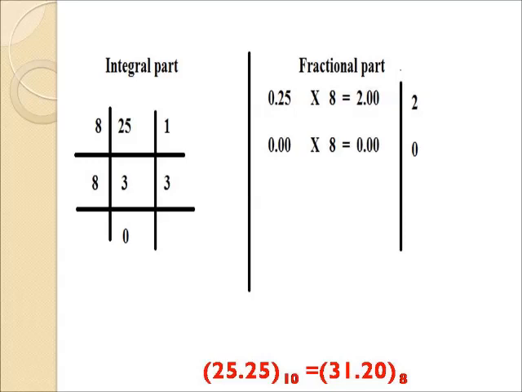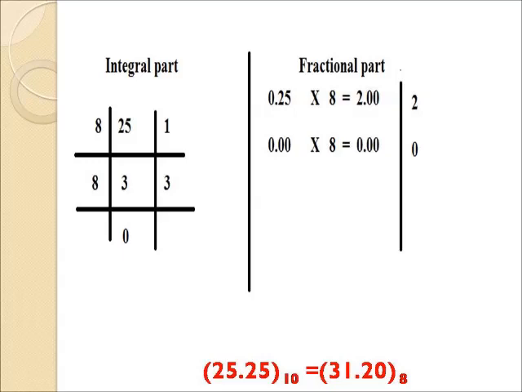Here also we separate the integral part from the intermediate result, that is 2. Then after removing the integral part, it is 0.0 into 8, which gives 0. So we can stop our calculation.